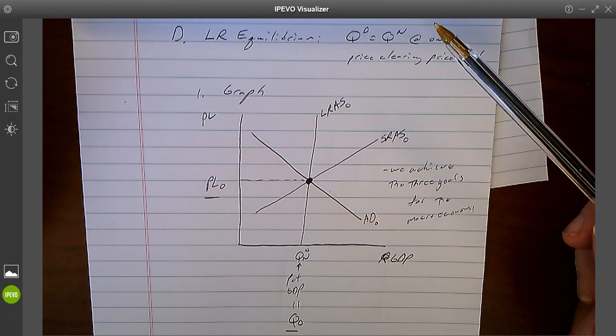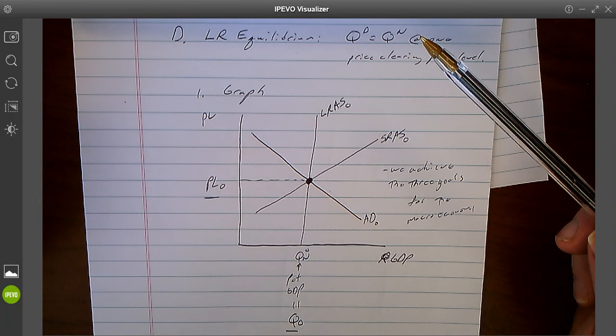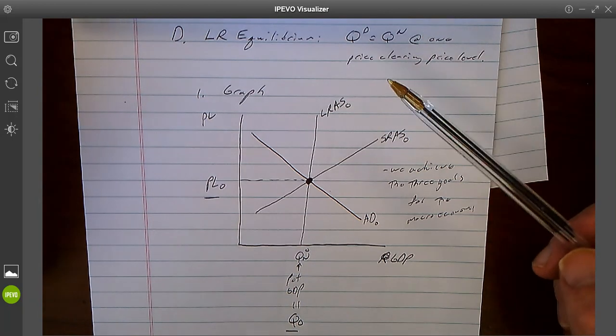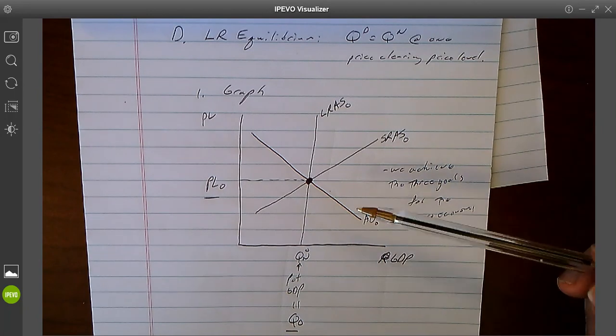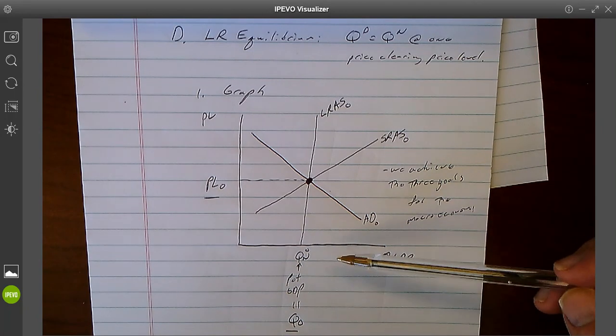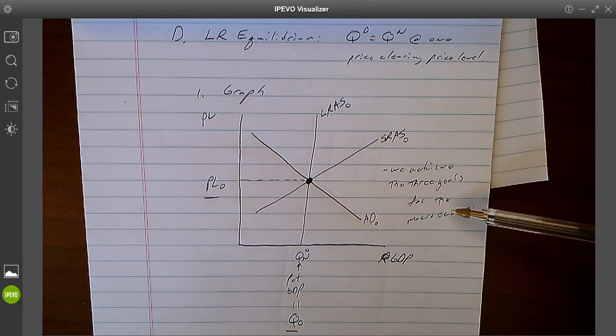Why? Because that's equilibrium for water. Well, the economy is going to achieve equilibrium as well, both in the short run and in the long run. In the long run, equilibrium will achieve our three goals.